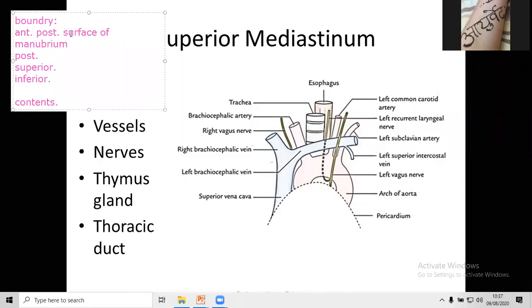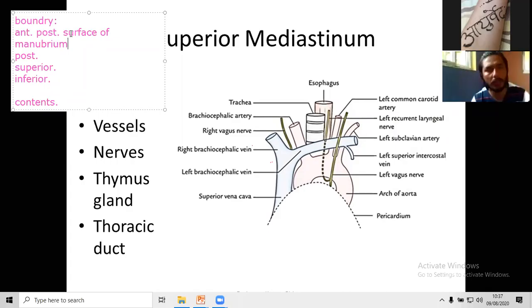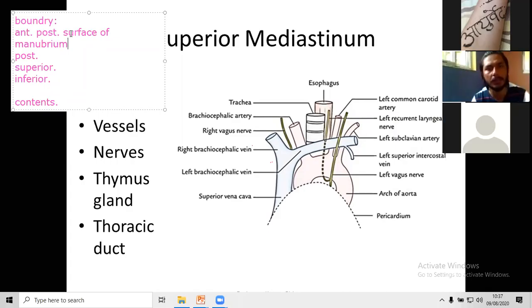So the posterior surface of the manubrium forms the anterior boundary of the superior mediastinum. Don't tell only sternum, because sternum forms the anterior boundary of the whole mediastinum. Here we are only dealing with the superior mediastinum. So the anterior boundary for the superior mediastinum is formed by the posterior surface of the manubrium.